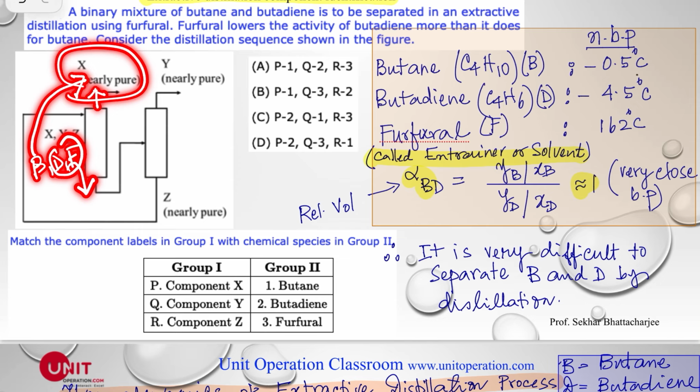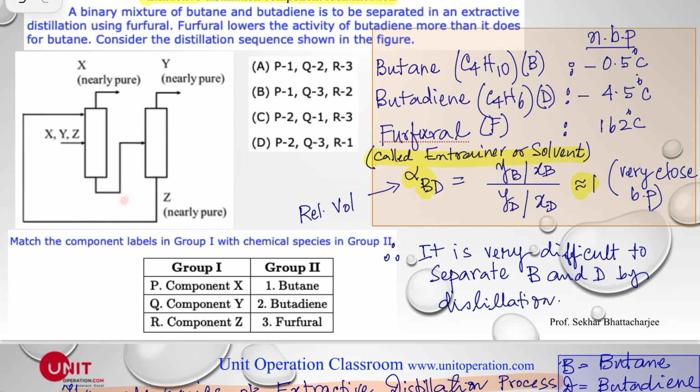So this exit stream is equal to butane. So once this is going here, this is nearly pure butane, and this is basically butadiene and furfural. Okay. So once this goes here, of course, there's a tremendous difference of boiling point between butadiene and furfural. This is negative 4.5, this is 162.